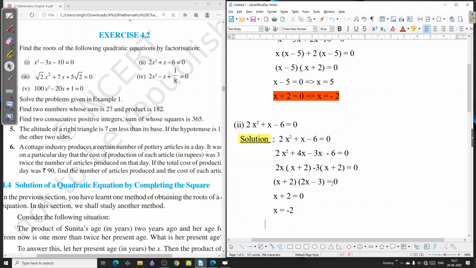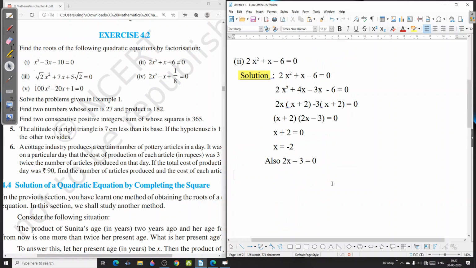And the other one also, what we are having is 2x minus 3 equal to 0. So, this will give us 2x equal to 3.